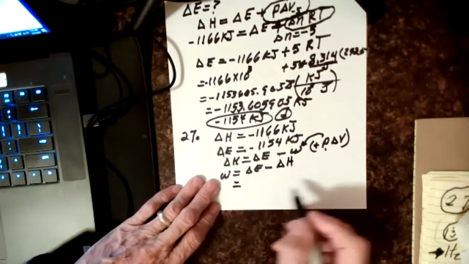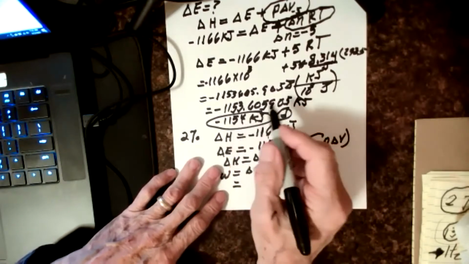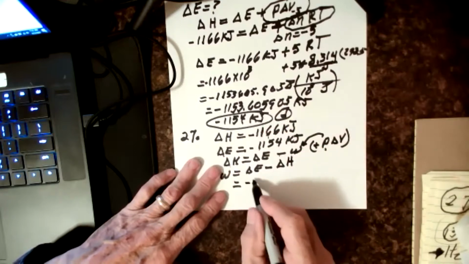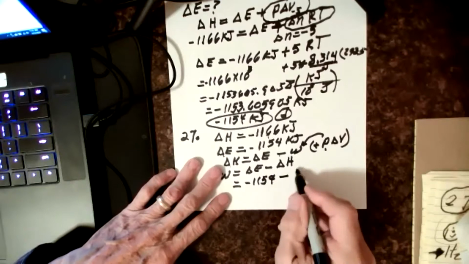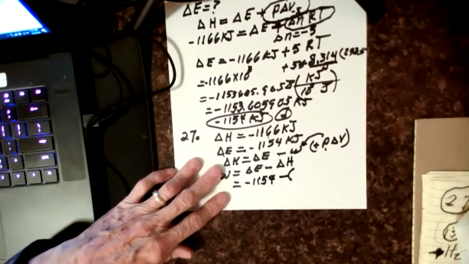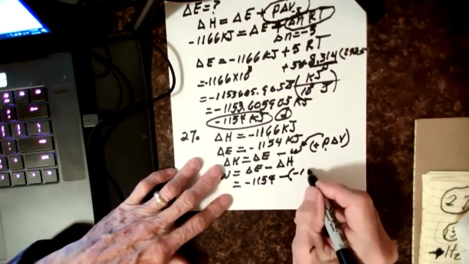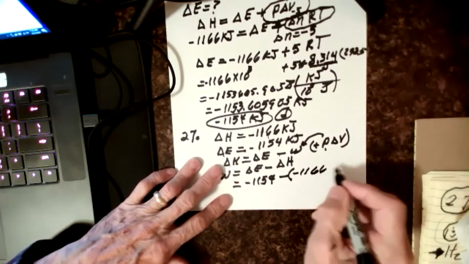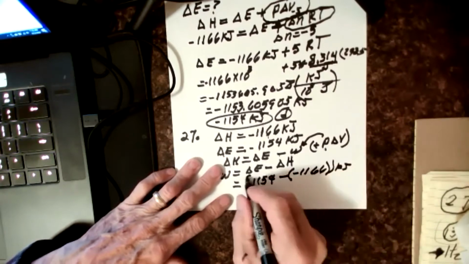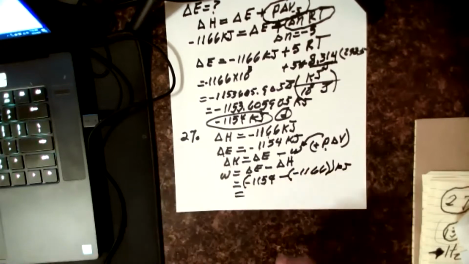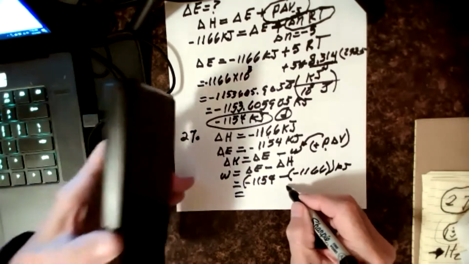And now all I have to do is put the numbers in. The number I got for delta E was minus 1154, minus the value given for delta H, which was minus 1166, and that's kilojoules would be the unit again. So if I subtract those off, this minus times that minus is positive.